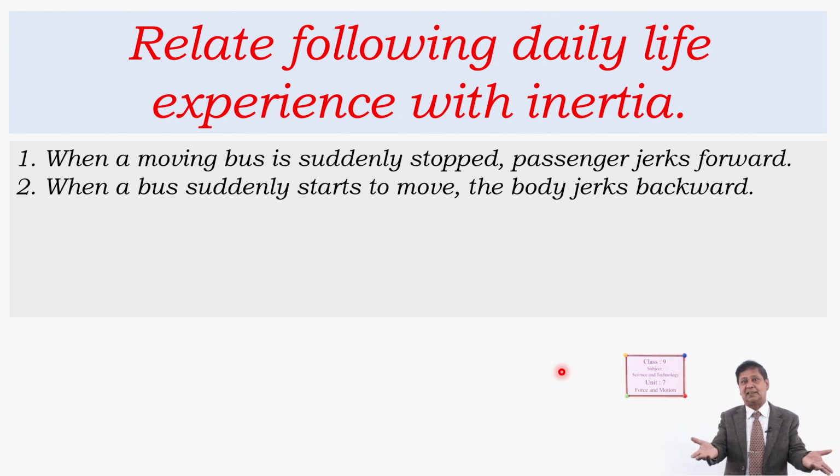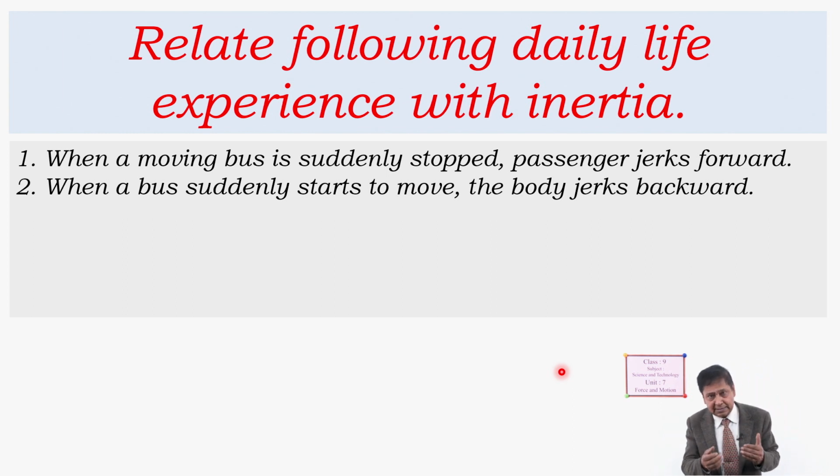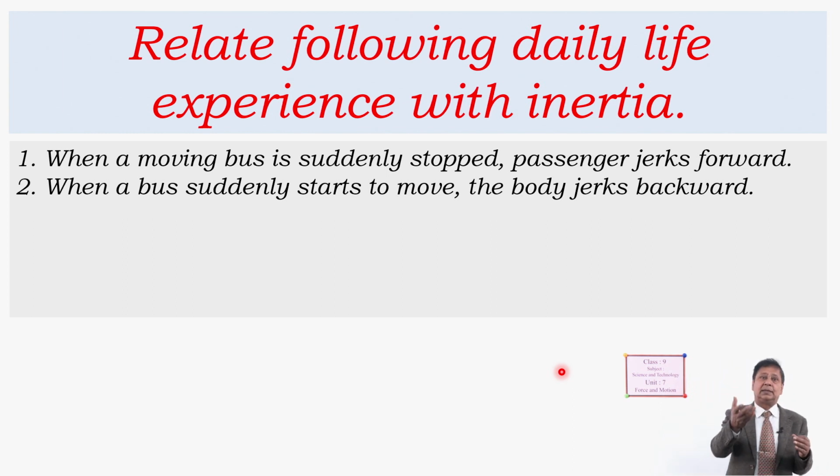The science is inertia. We can explain it this way. When a passenger is in a bus, his body is at rest. It tends to continue its state of rest.